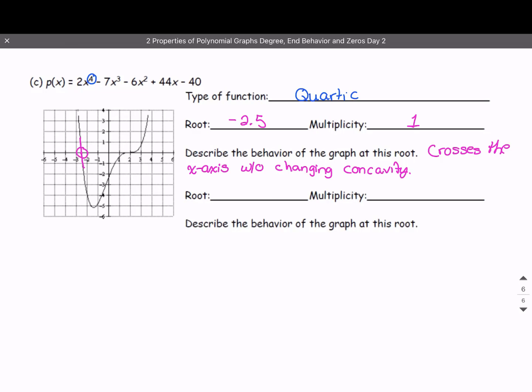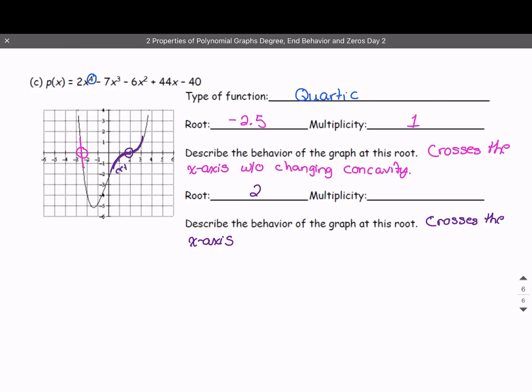Now, let's see. I see another root right here at 2. Now this time, it's still true that my graph crosses the x-axis. But notice the graph is curved down first, and then on the other side, it's curved up. So it went from curved down to curved up.